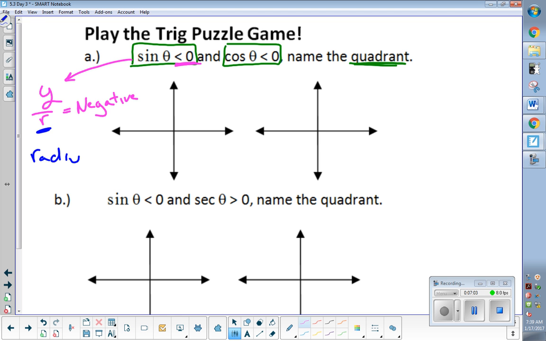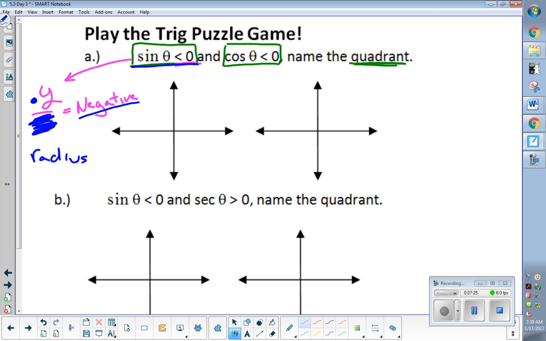If you were talking about the radius of a circle, our radius is never going to be negative. So when you talk about y over r being negative, that r does not matter at all. It's always positive. So for all these problems, when I see an r, I'm just disregarding it. So if sine is less than 0, that means my y has to be negative.